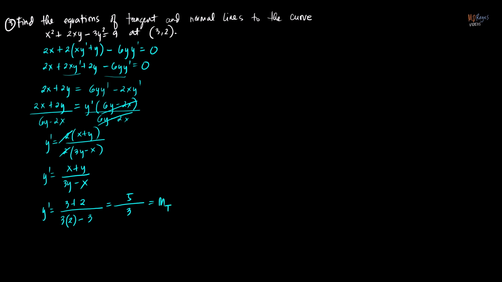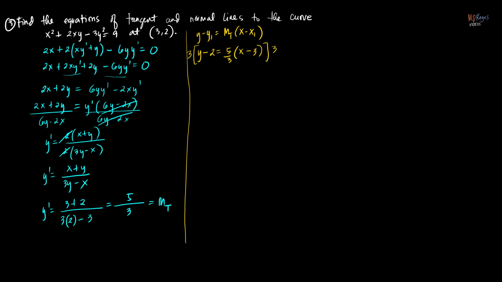So for the equation of the tangent line, y minus y sub 1 equals the slope of the tangent line times the quantity x minus x sub 1. Y minus y sub 1, which is 2 in the given point, equals the slope of the tangent line, 5/3, times x minus x sub 1, which is the x coordinate of the point of tangency. Just multiply both sides by 3, so that we'll not be working with fractions anymore, and we'll get 3y minus 6 equals 5 times the quantity x minus 3.